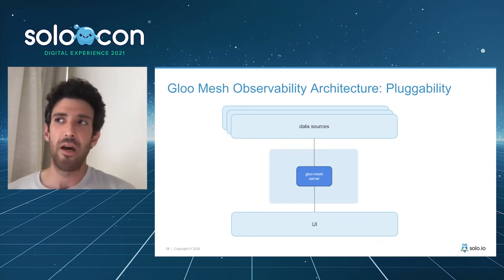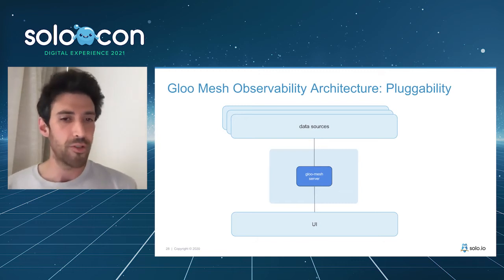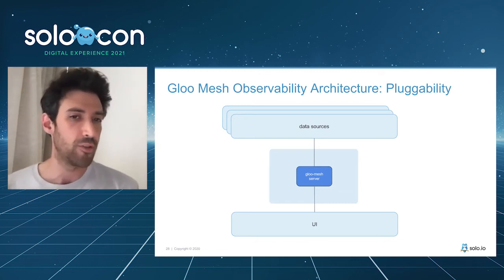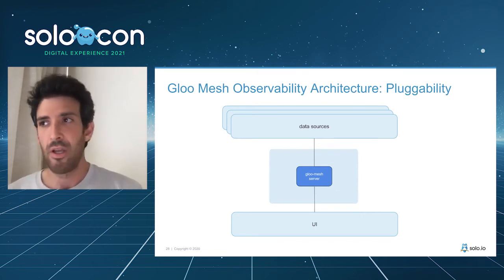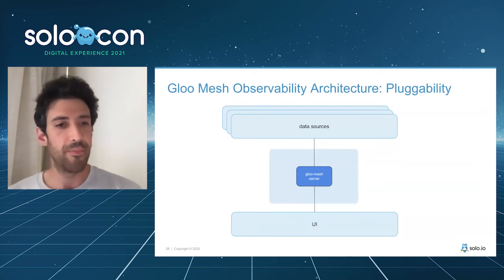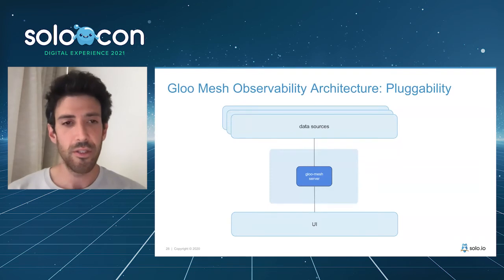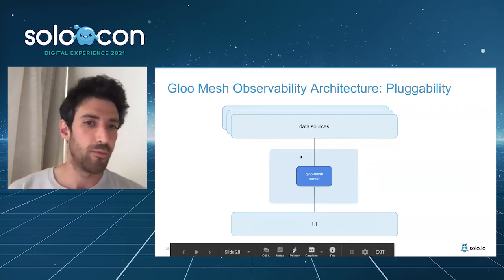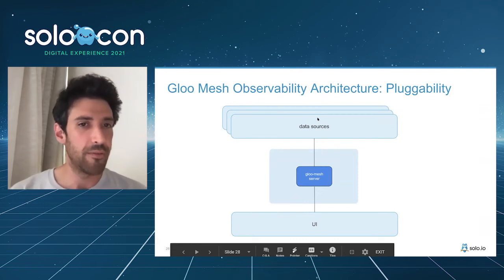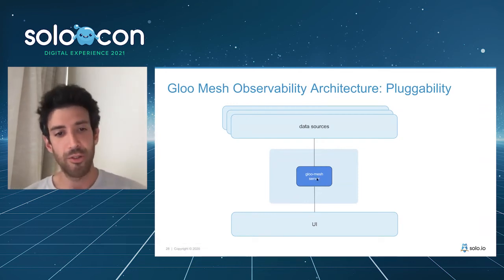So depending on how users may want to collect their metrics, certain users already have a solution with Thanos, a Prometheus-based solution that they're using to scrape multi-cluster. Some are using Datadog to manage their clusters and collect the telemetry data, which we allow the pluggability of as a data source, which plugs into our server, and then can be propagated to our UI.